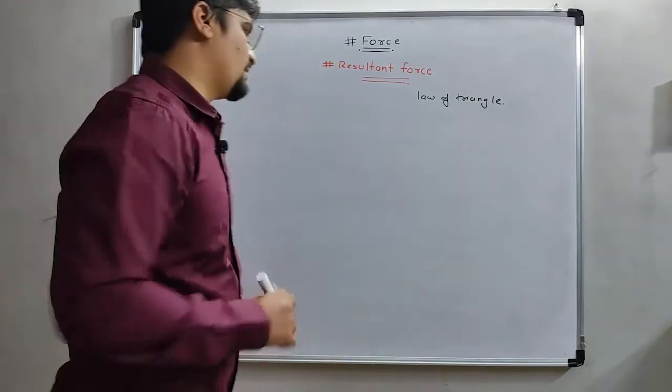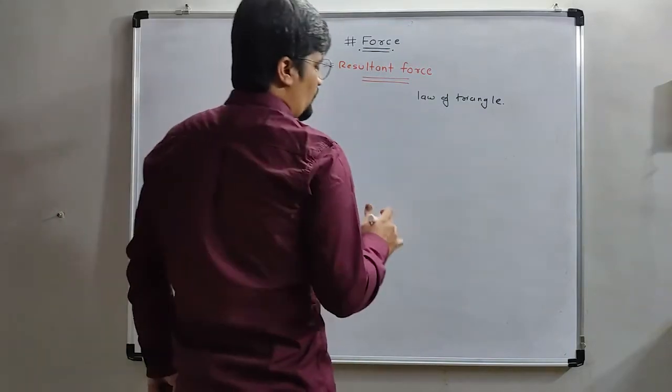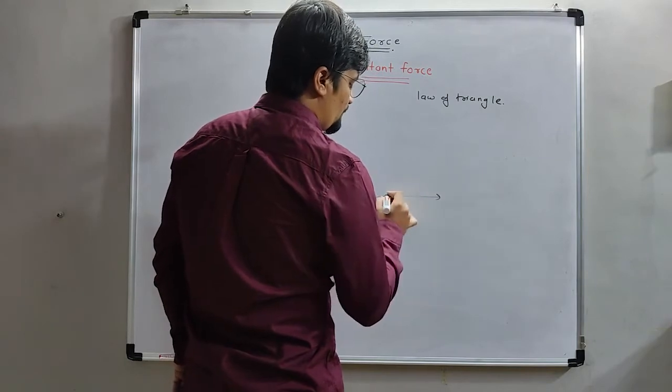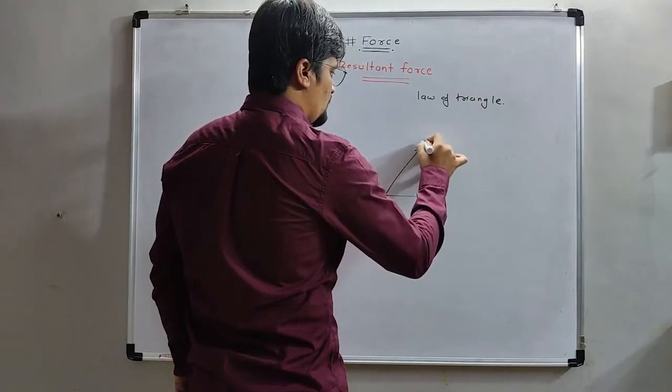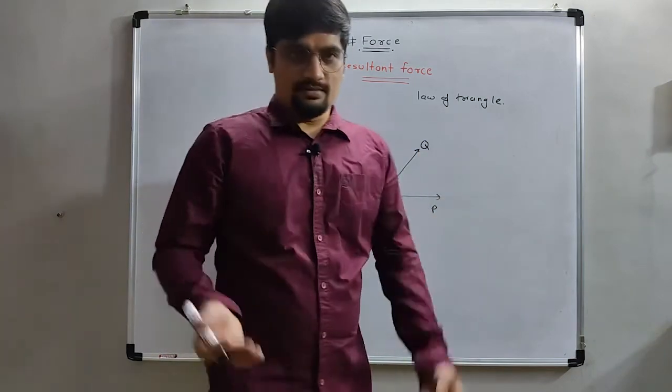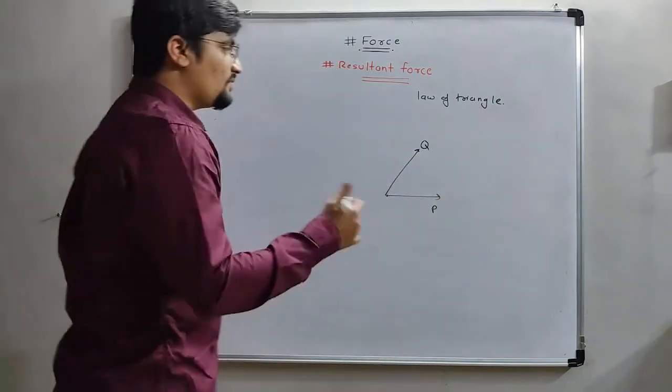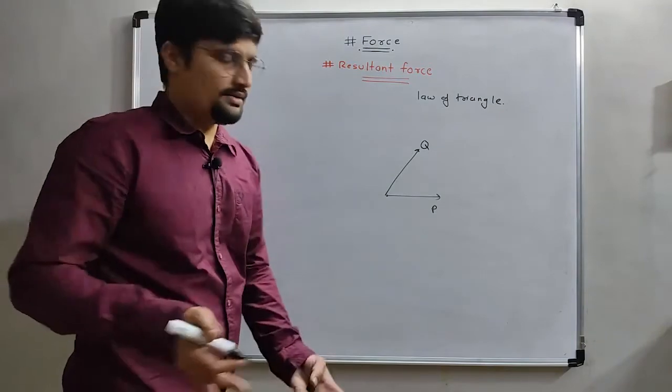And in a triangle, if the two forces P and Q are two sides of the triangle, then the resultant will be the third side of the triangle.